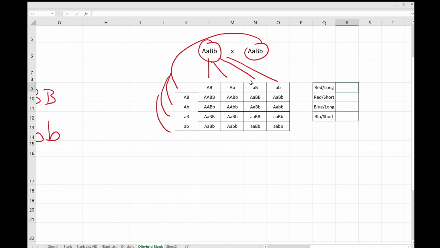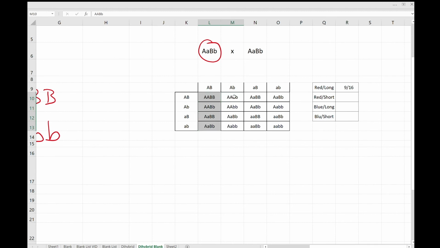We're going to count how many are red and long. Well, to be red and long, you have to have a big A and a big B. So how many are big A, big B? 1, 2, 3, 4, 5, 6, 7, 8, 9. So that is 9/16. We're going to highlight those that are 9/16.